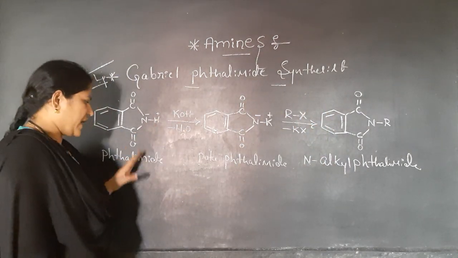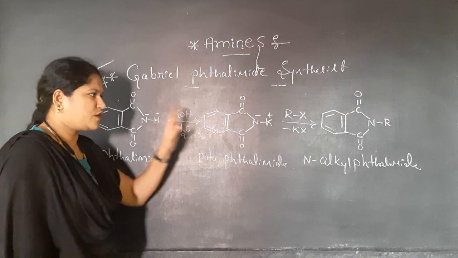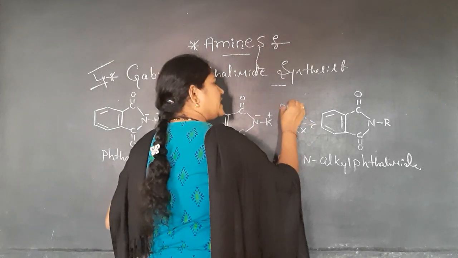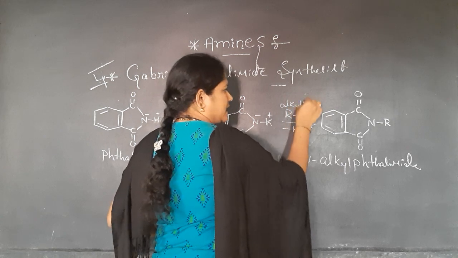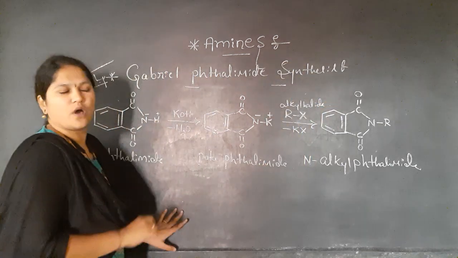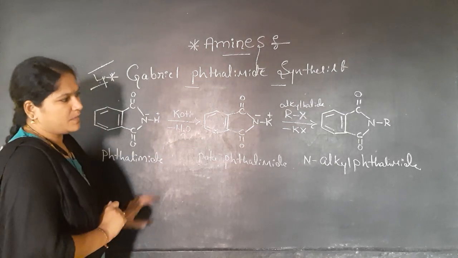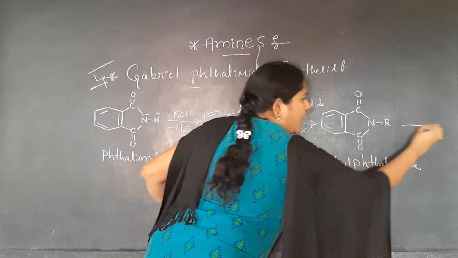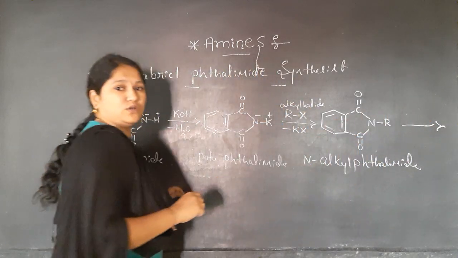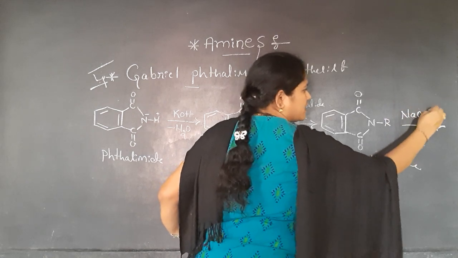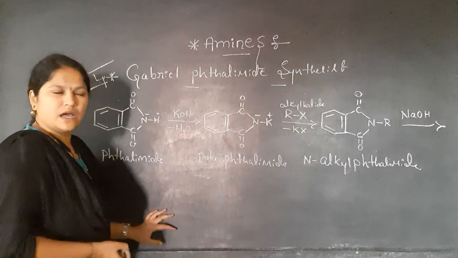So this is phthalimide treated with potassium hydroxide. Potassium phthalimide is then treated with alkyl halide, so the alkyl gets substituted on the nitrogen atom. Thus obtained alkyl substituted phthalimide is subjected to hydrolysis, that too alkaline hydrolysis. Alkaline hydrolysis means reaction with either NaOH or KOH.